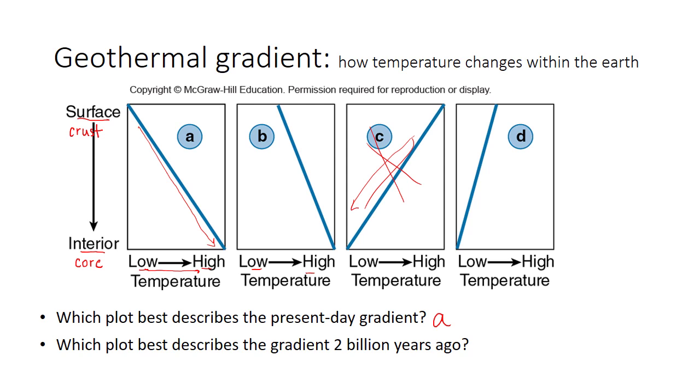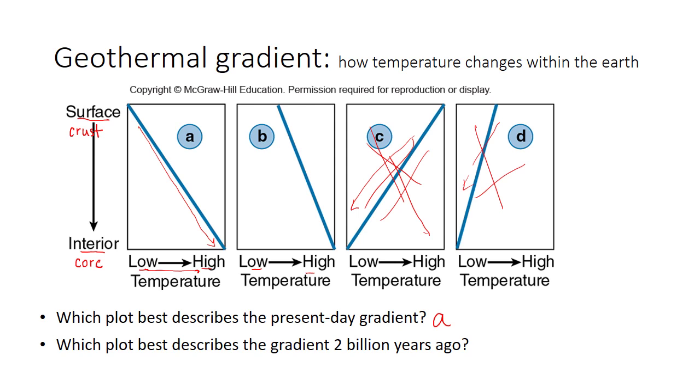All right, so let me ask you this now. Which plot best describes the gradient, what it would have looked like 2 billion years ago? All right, well, in the Earth's geologic past, would you still expect the inside to be hotter than the outside? Well, yeah, based on what we know about how planets and stars and all beings form, the inside is in general going to be hotter than the outside.